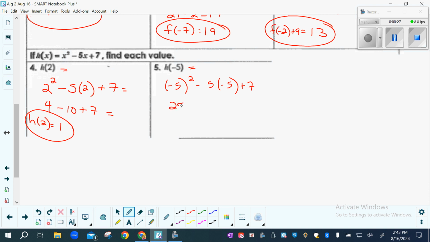So we have to take a negative 5 times a negative 5, 25. And then plus 25 plus 7. So that gives us 57. So h of negative 5 is 57. Okay, pretty straightforward so far, hopefully.